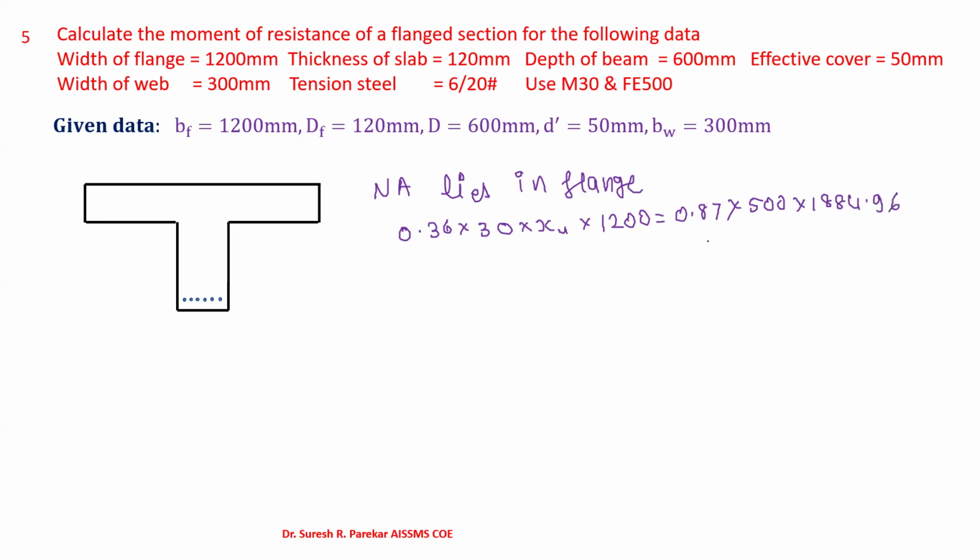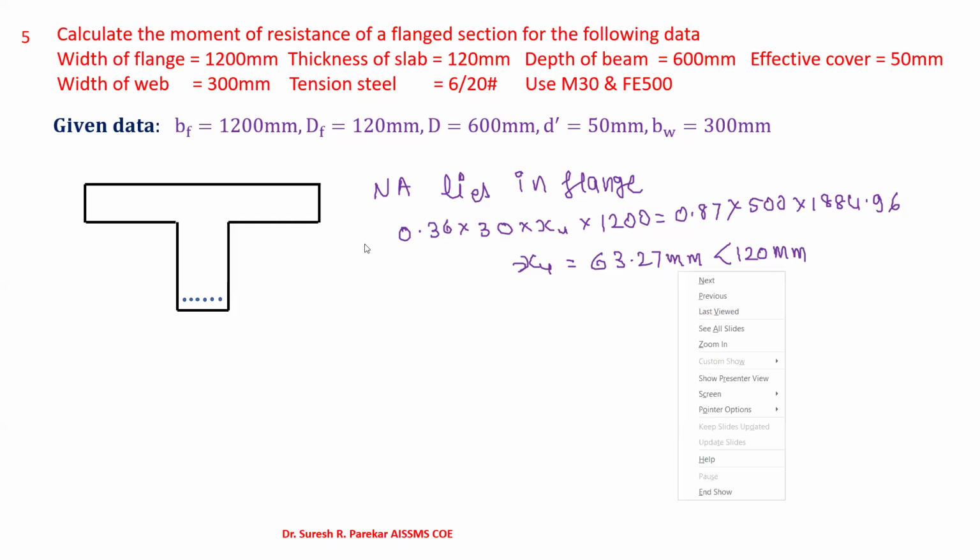And from this we will get value of Xu, which is equal to 63.27 millimeters, which is less than 120 mm, which is our Df. And therefore, assumption is correct.